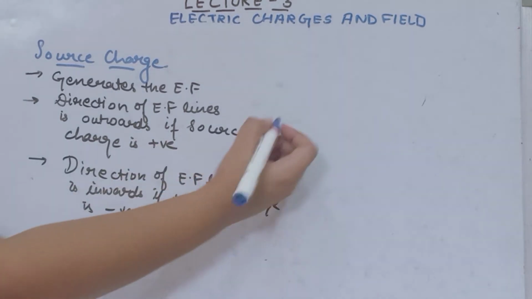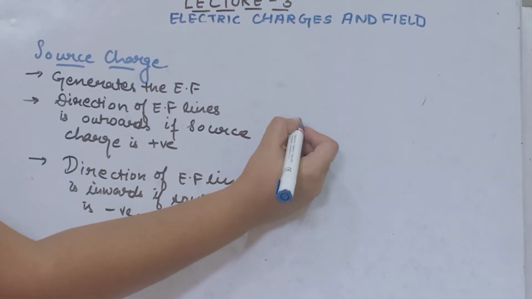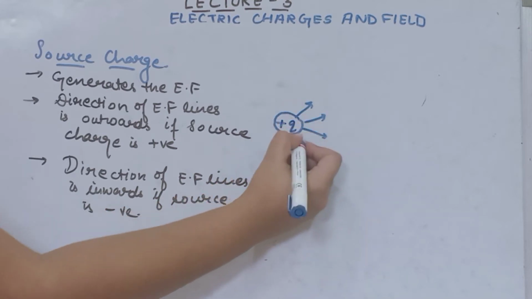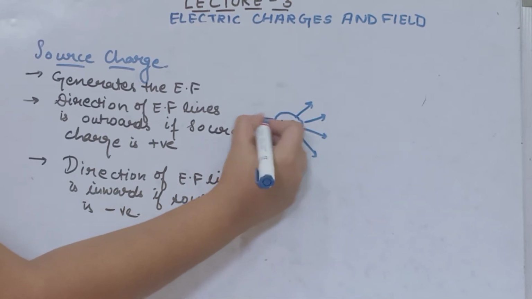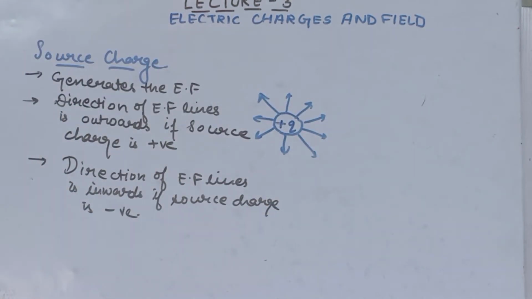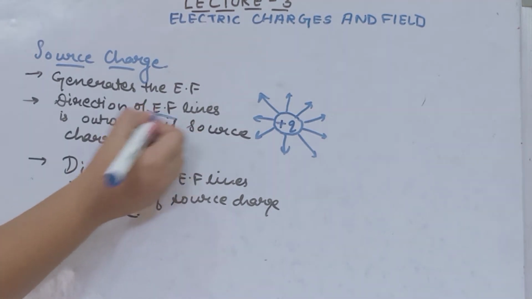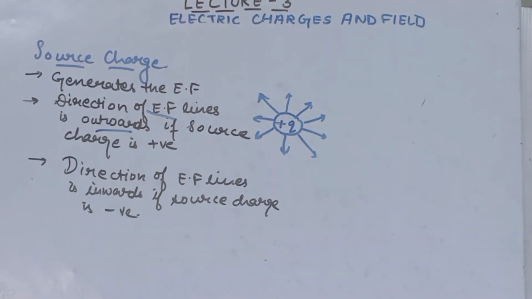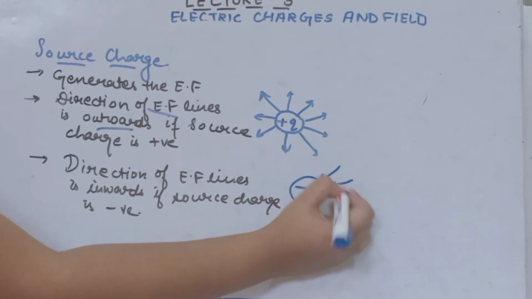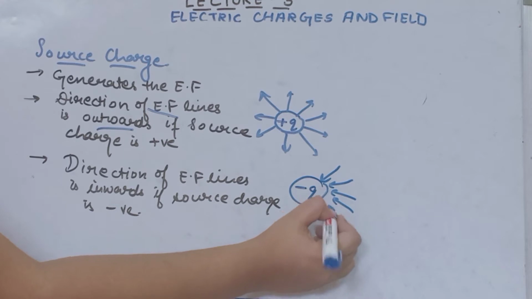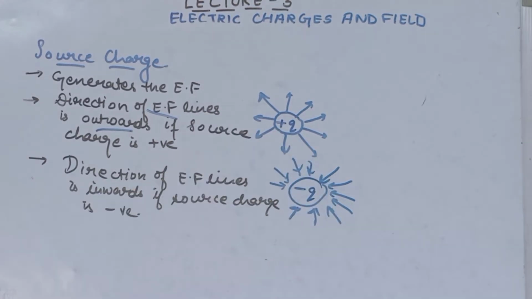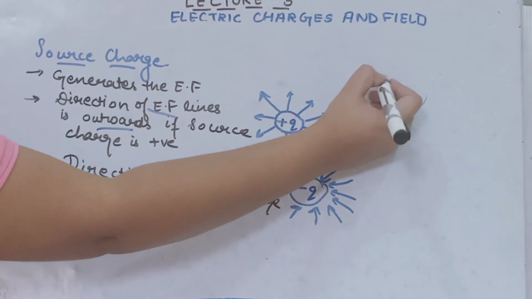So if this is our charge, that is plus Q, so this will be the direction of electric field lines. We'll do it in detail afterwards, but firstly you should just know that direction of electric field lines will be outwards if the source charge is positive, and if it is negative, then this will be the direction of electric field lines.